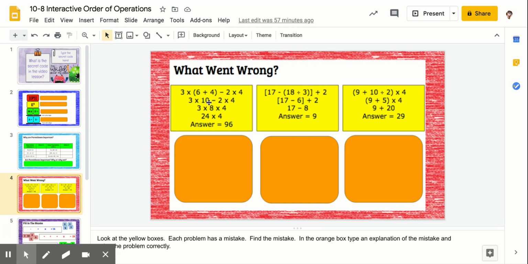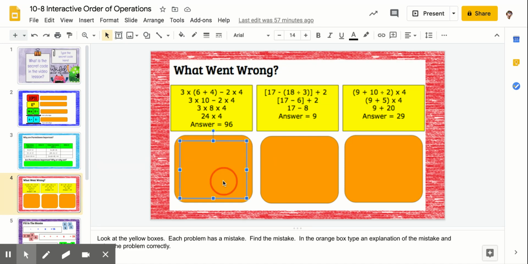So then in our next step, we now have 3 times 8 times 4. So it looks like they did 10 minus 2 before they did their multiplication. Remember, in order of operations, I do parentheses, then I multiply and divide from left to right. So my multiplication should have come first, and that is why they got the answer wrong.